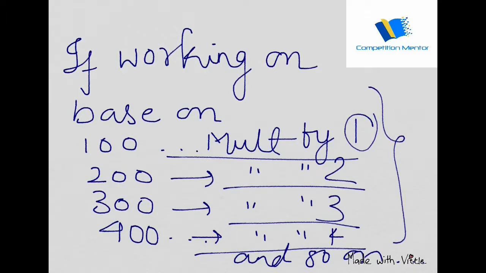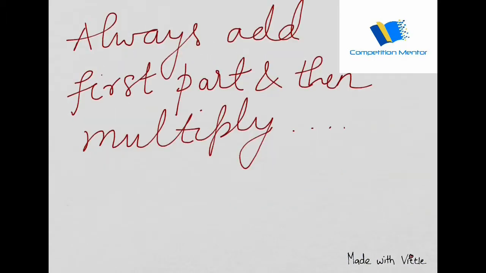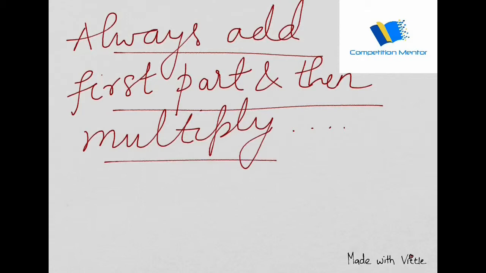So let's see some more examples. And always add the first part then multiply, because you do this addition or subtraction, whatever you do, and then multiply with the base which you have considered. You don't just multiply and then add and subtract. So keep that in mind.